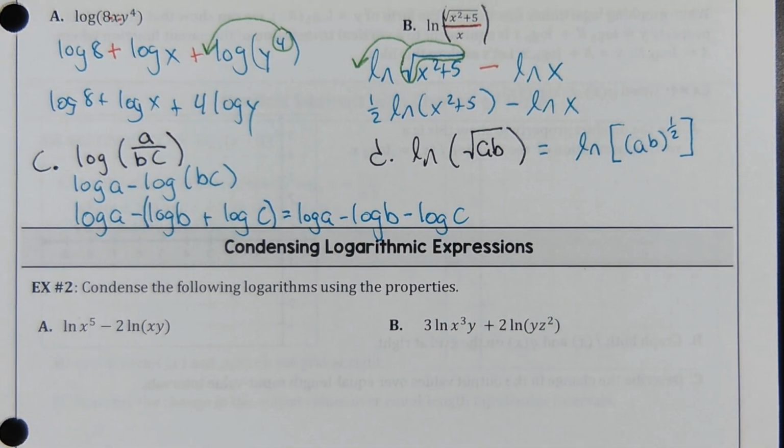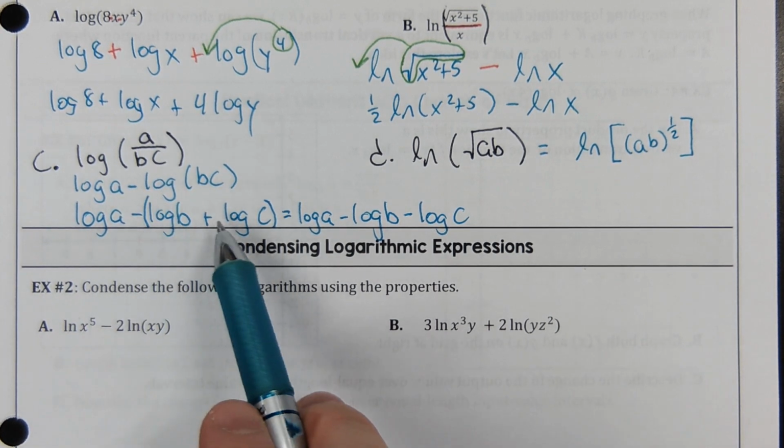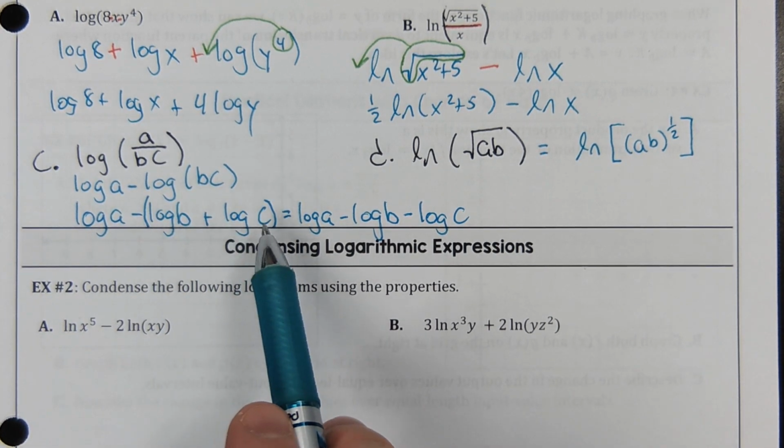You have two options. Option 1, move that power to the front of the logarithm. But when you expand it, you must remember that both parts of that argument have that exponent, which means you would once again have to use parentheses if you did that and then distribute it.